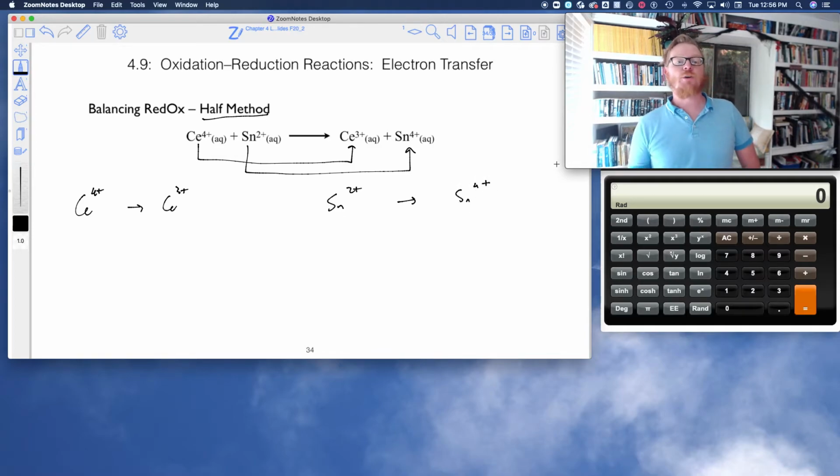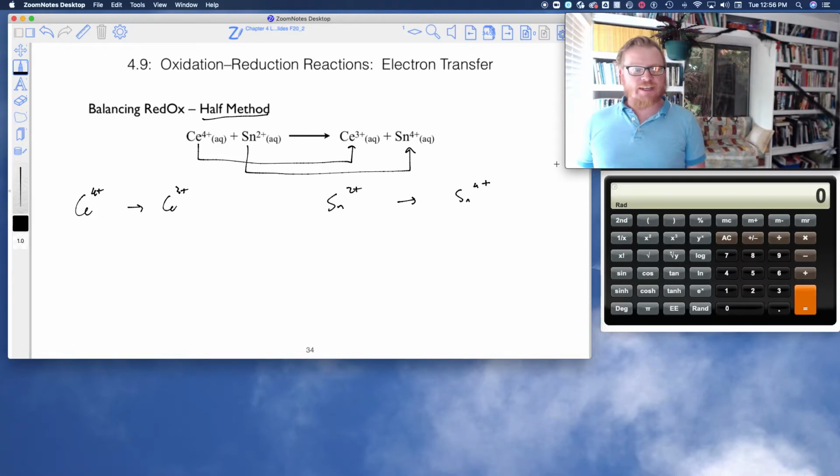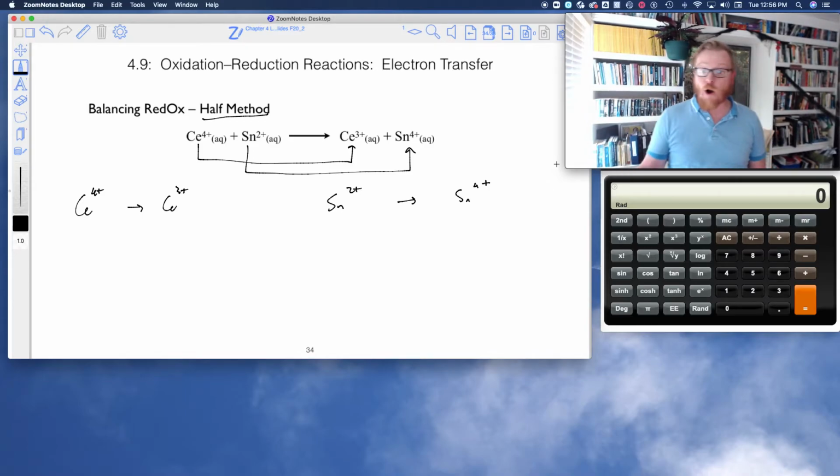Okay? And so now what I first want to do is balance the atoms. And when I look at this, I can see that so far it looks like my atoms are balanced. So I don't need to do anything there, right? There's 1 and 1 and 1 and 1, so we're good to go there. The next thing I need to do is balance the charges. And I balance the charges with electrons. So I've got 4 plus, let's write plus 4 on this side and plus 3 on this side.